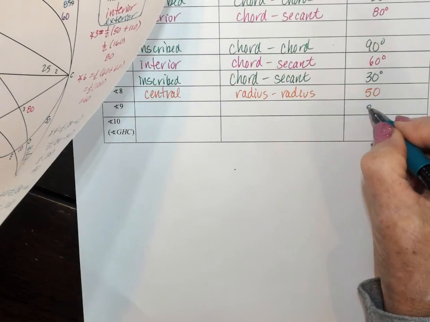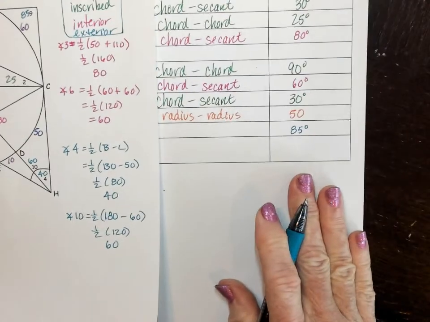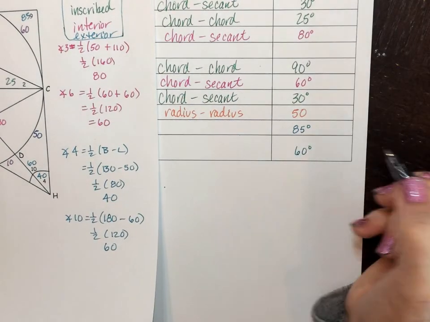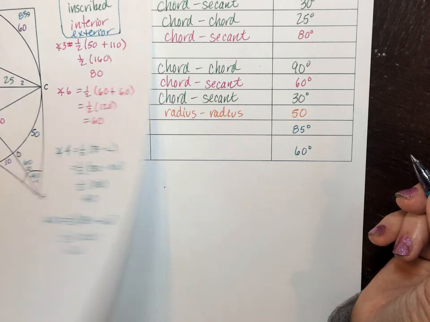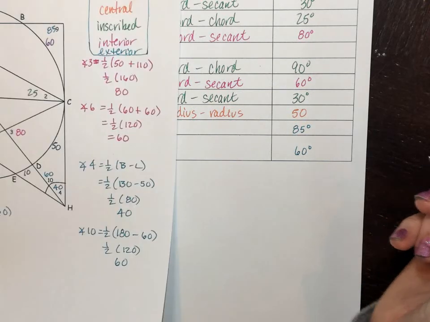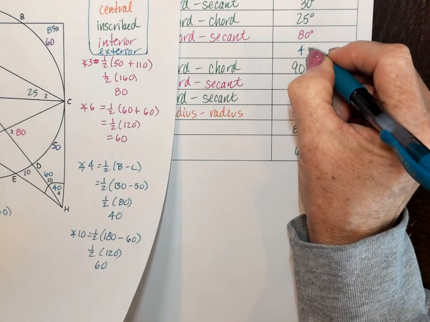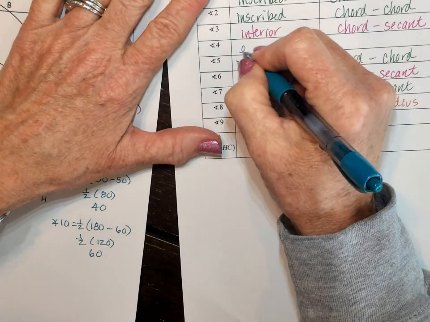Angle 9, 85. Angle 10 was 60. And angle 4 was 40. They're all exterior.